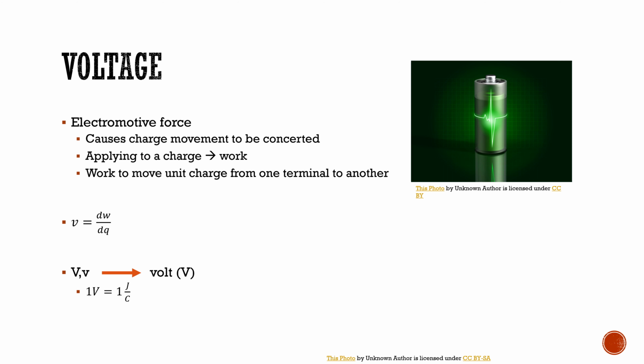Batteries, electric generators, solar cells, thermocouples, and fuel cells are all sources of voltage. A common misconception is that voltage sources provide charges to the circuit. This is not the case. Rather, charges that make up current are already present in the conducting wires and circuit elements.